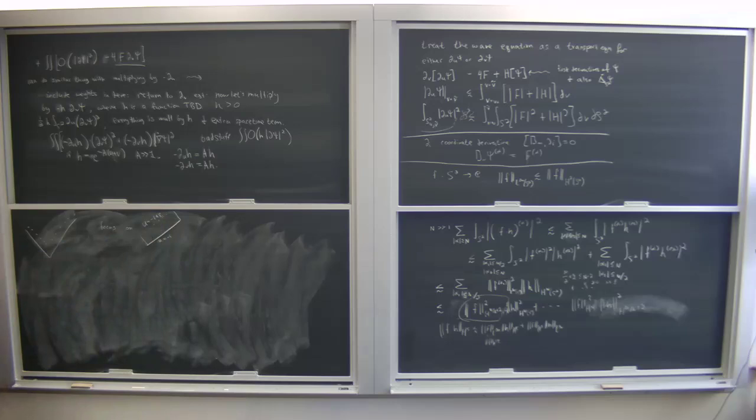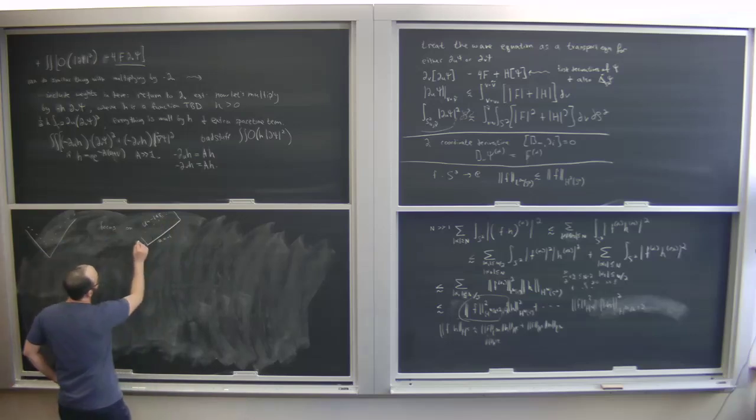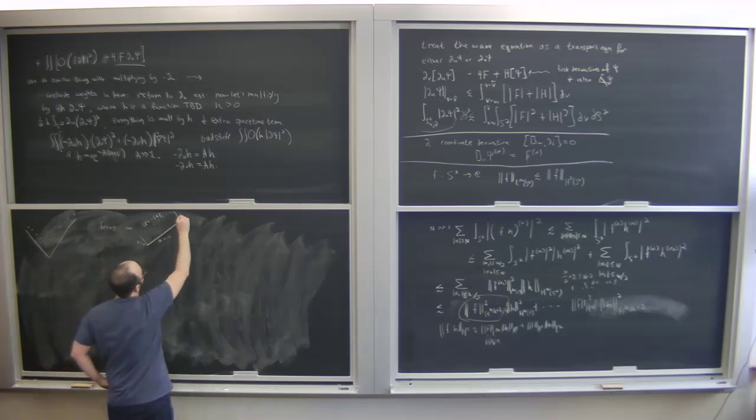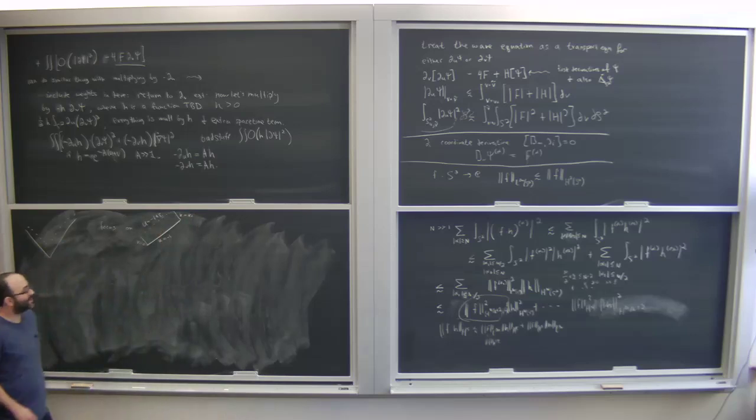Epsilon is my small parameter that I get to fine-tune later, depending on the size of the data. Here we can call this V equals 0, and this is V equals V naught. Remember, V naught is not small, but it's something bounded. In other words, the smallness of epsilon is allowed to depend on V naught.